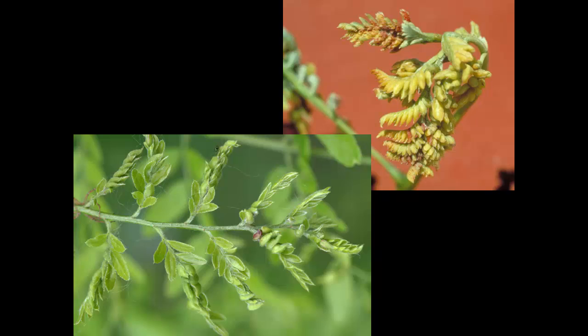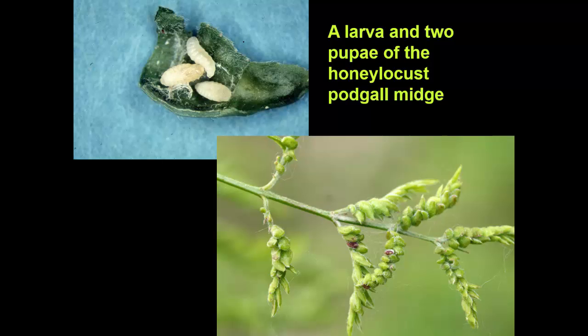And the developing insect larva, or larvae, usually multiple larvae within each of these pods, will be found within it. So in the picture in the upper left, we see two larvae and a pupa of a honey locust podgall midge within one of these little pod-like growths that have been induced from a leaf curl and thickening and distortion.